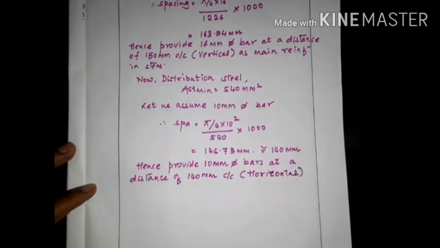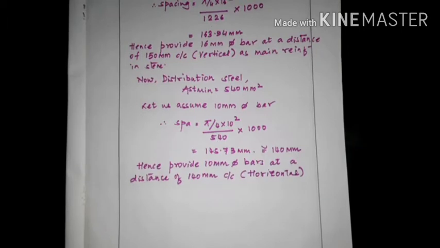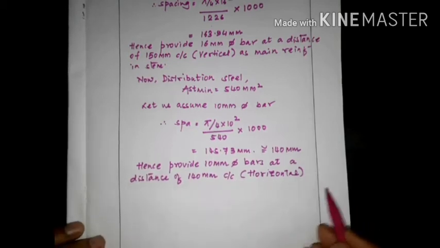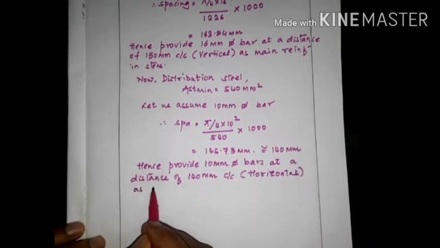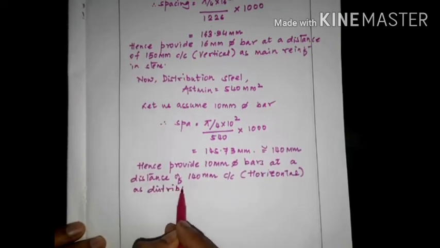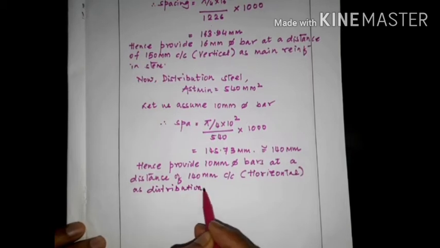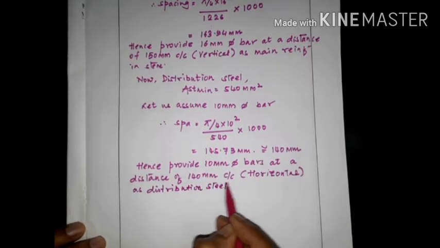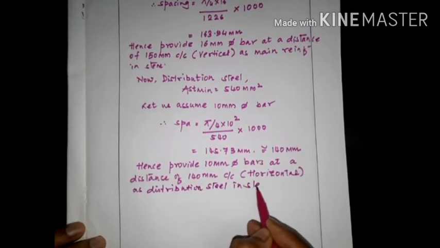The main reinforcement that you have got should be provided in vertical direction, and the distribution steel we have to provide in horizontal direction as distribution reinforcement in stem. Understood?